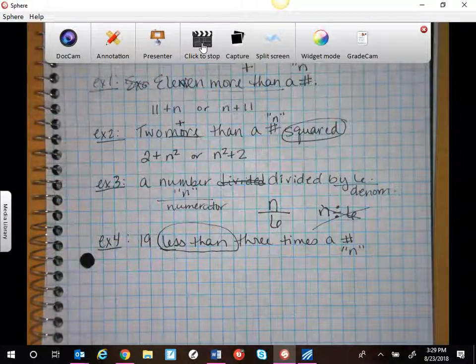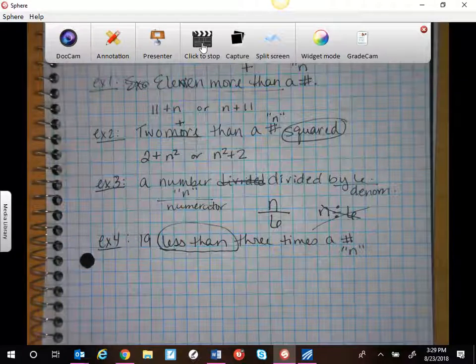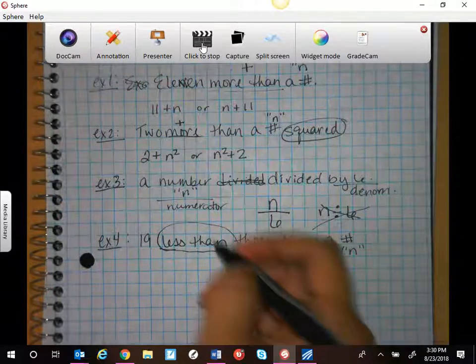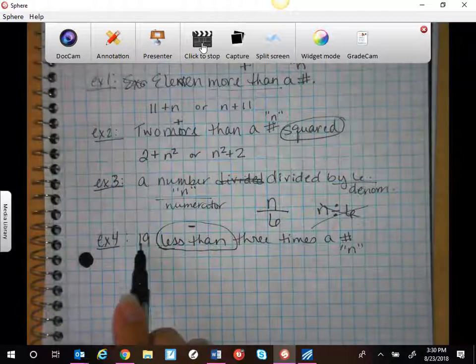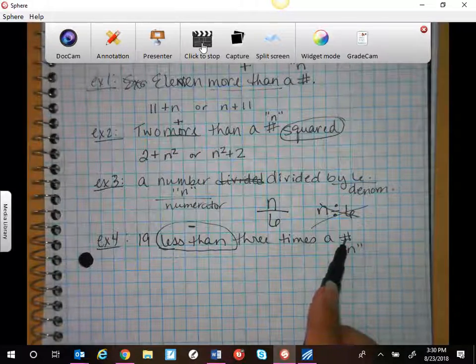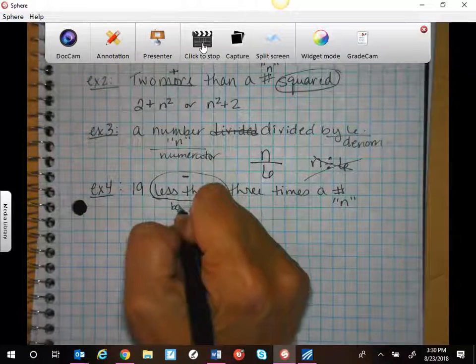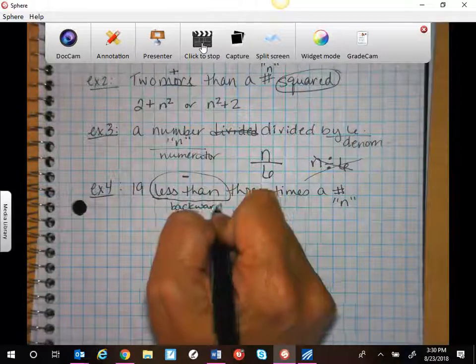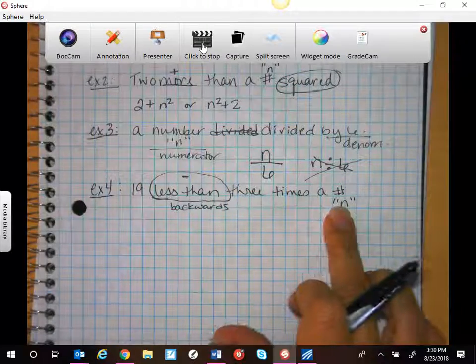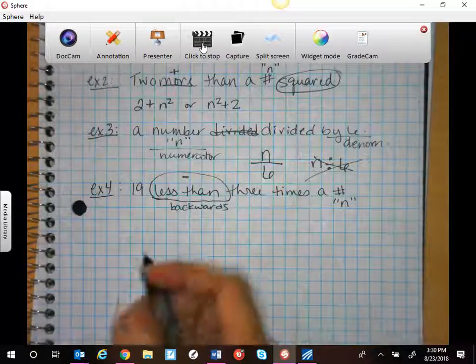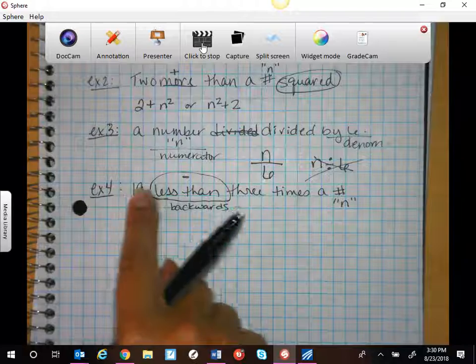This is not the inequality less than. This is going to represent subtraction. But when we say 19 less than something, we have to remember that means we're writing this backwards. It doesn't mean 19 minus n. It simply means that 19 is going to go at the back.